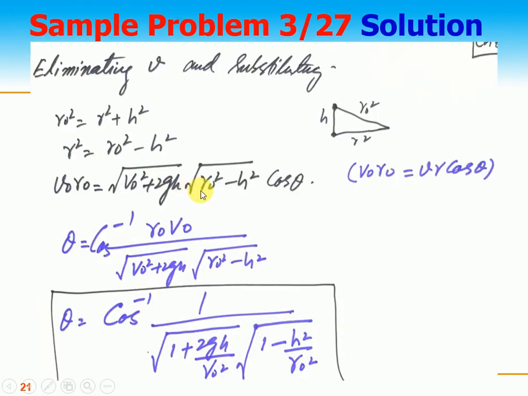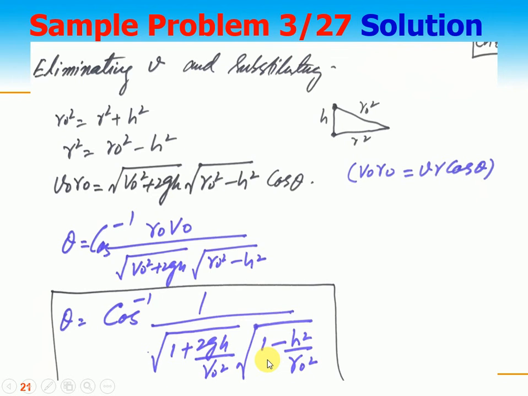Then we have r equal to the square root of r naught square minus h square, times cos of theta. From here you find the value of cos theta. Theta is equal to cos inverse of r naught v naught over the square root of v naught square plus 2gh, times the square root of r naught square minus h square. Very simply, I can divide by v naught square, and it becomes 1 plus 2gh by v naught square, and v naught cancels out.